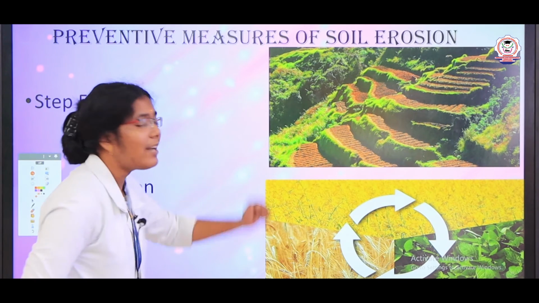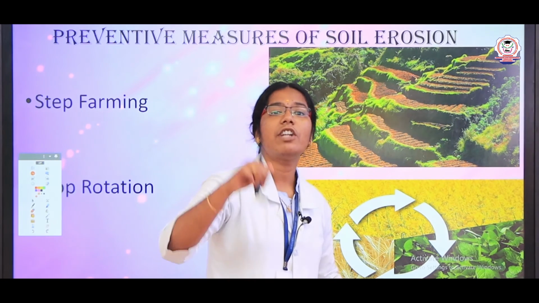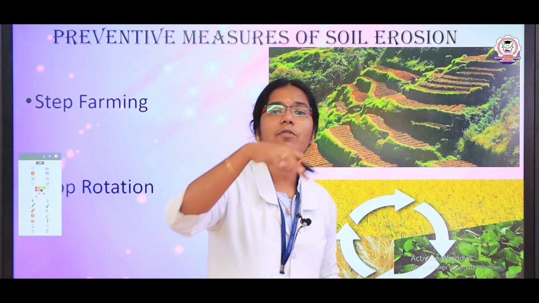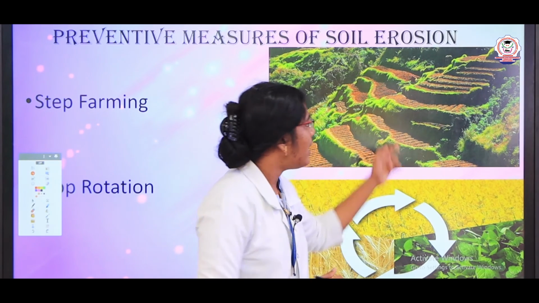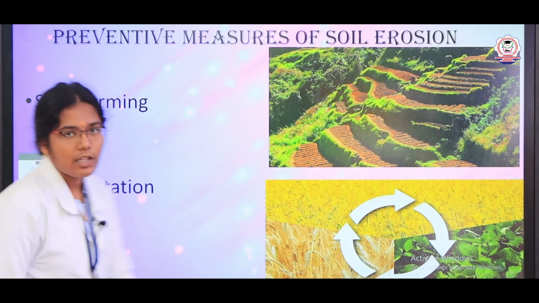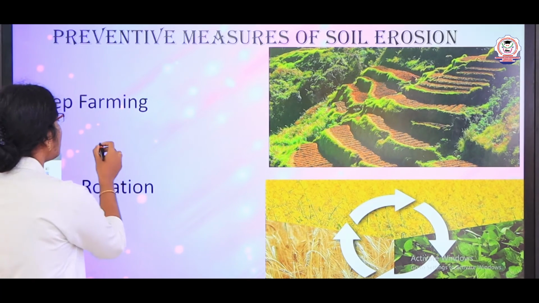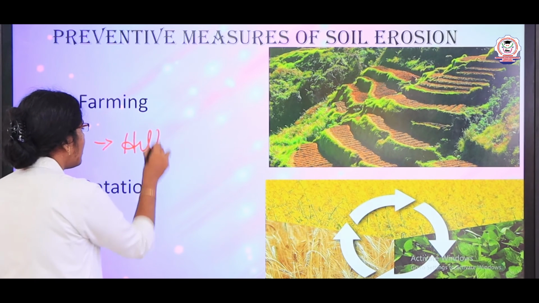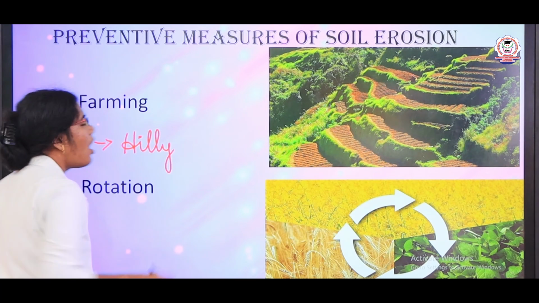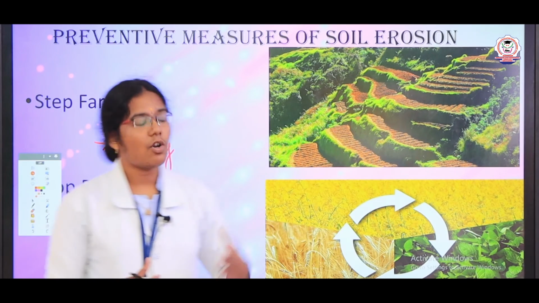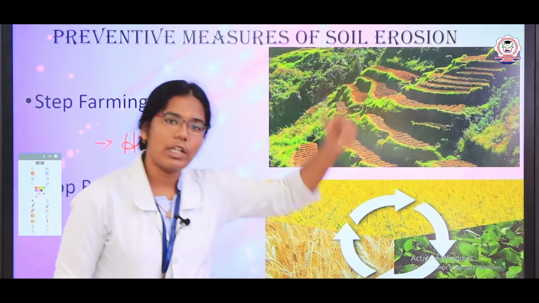With the help of the step farming technique, the velocity of water, which means the flowing speed of water, is reduced. It is practically used in hilly as well as mountainous regions. So step farming should be practiced in order to reduce soil erosion.